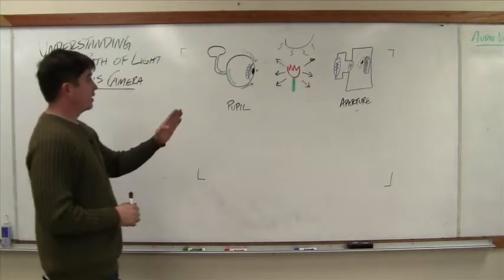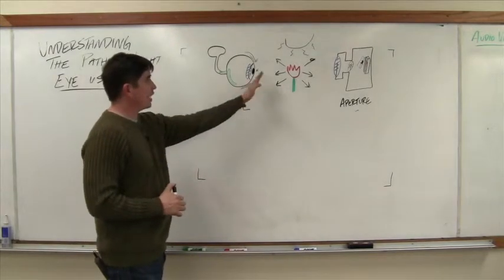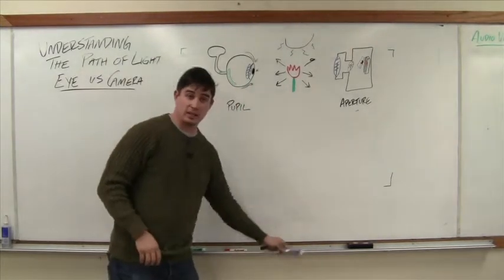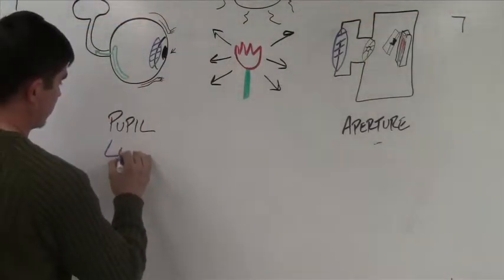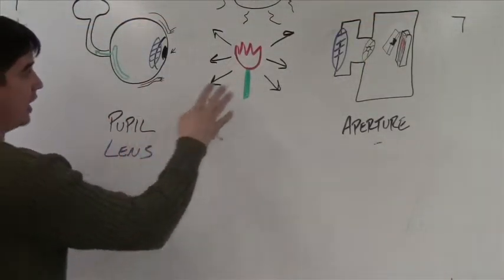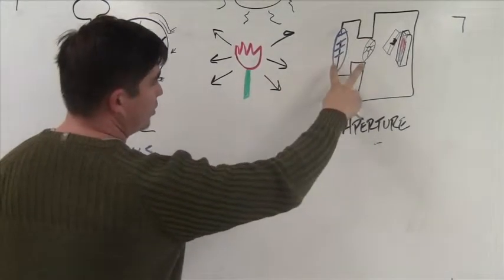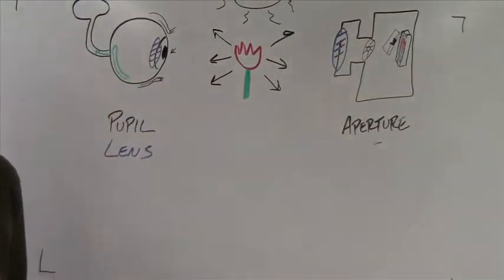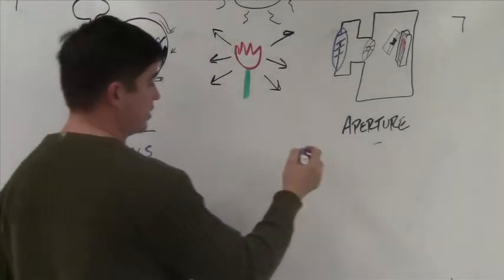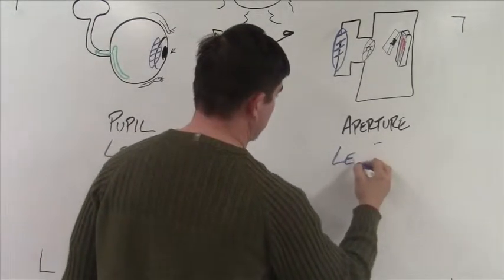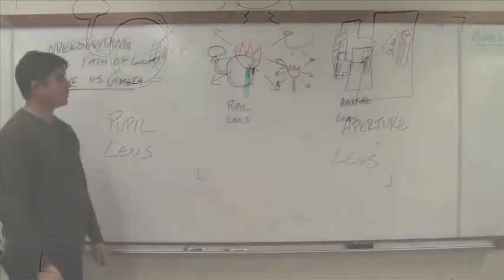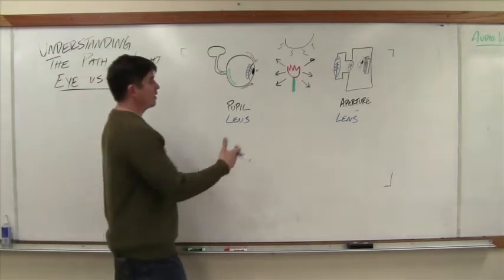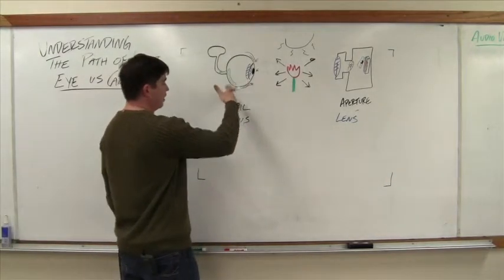After the pupil, light hit our lens, correct? Well, our lens is placed right before our pupil, but it does the same job. It bends and focuses light onto the sensor. Okay? After that, light will then hit the retina.